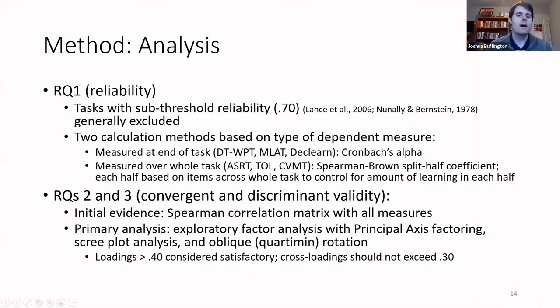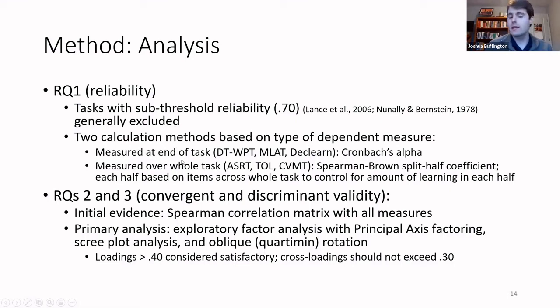All right, so the last component of the methods, I will talk you through the analysis that we did. For research question 1, reliability, we generally excluded tasks that were below a threshold of reliability of 0.7. We calculated reliability using 2 different methods, depending on the type of dependent measure that was calculated.